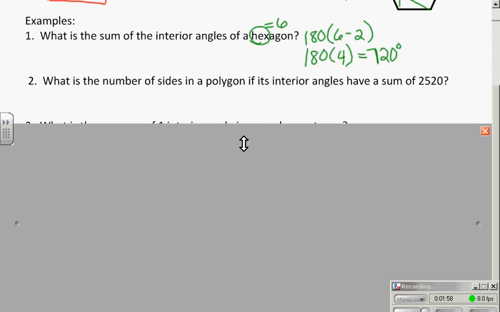Now, what is the number of sides in a polygon if its interior angles have a sum? Here I'm going to give you the sum. So I'm going to set up the formula. 180 times n minus 2 is equal to 2,520. And now we need to solve for n. Quickest way here is to divide by 180.